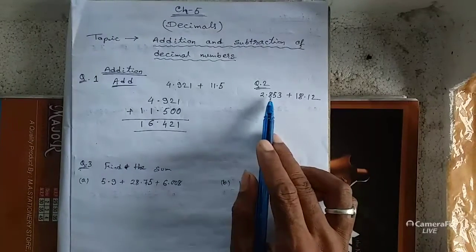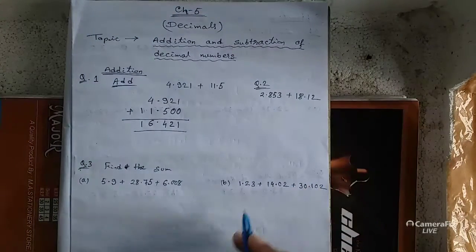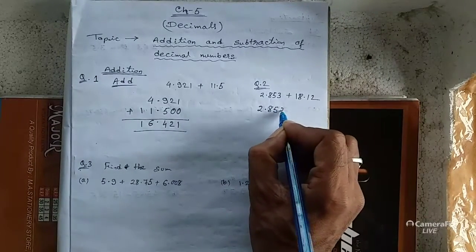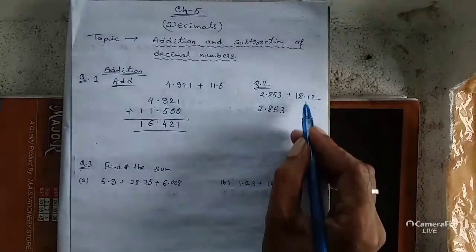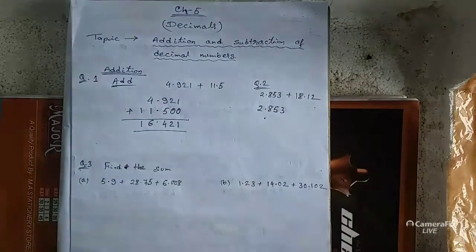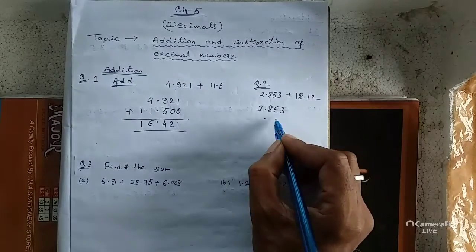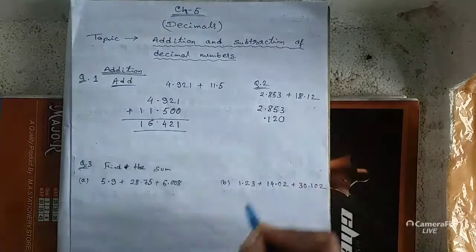Next is question number 2: 2.853 plus 18.12. First 2.853 is written, then the second number 18.12, the decimal will come first, just below the decimal. On the right side there is 1 and 2, put here 1, 2, vacant place 0.